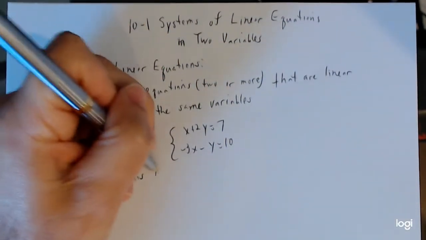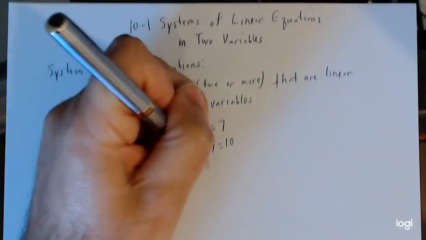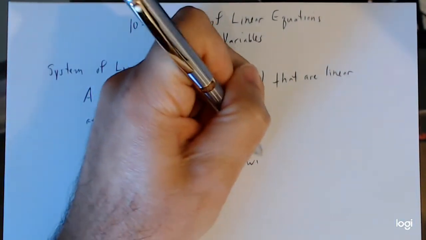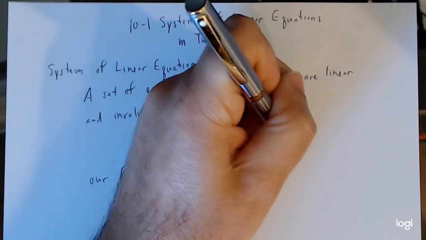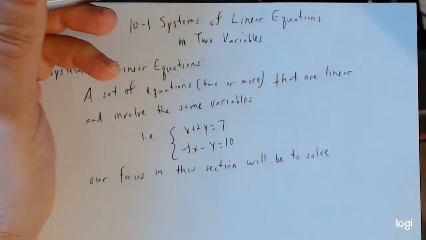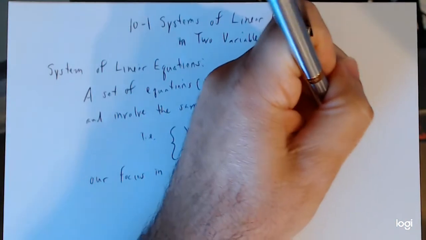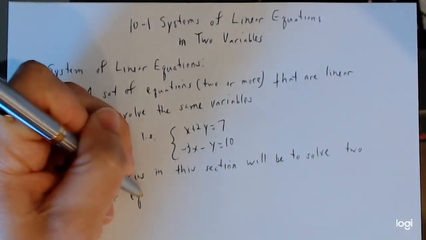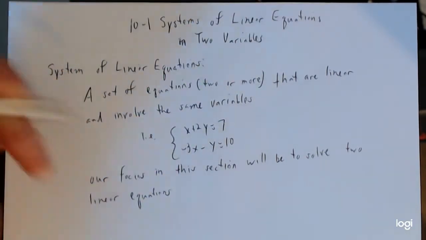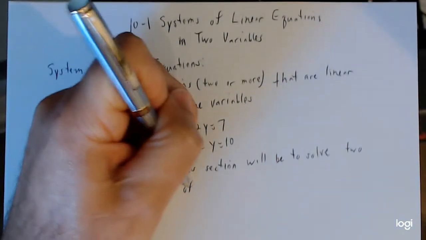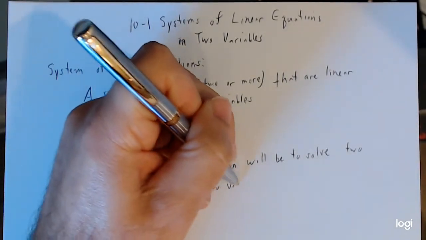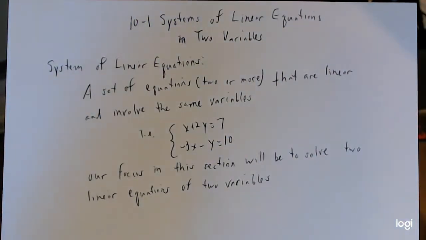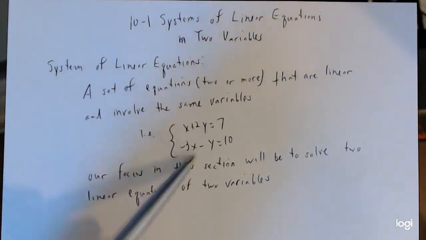Our focus in this section will be to solve two linear equations of two variables. So that's kind of where we're headed with this. We're going to see something like this example, and we're going to be solving this.